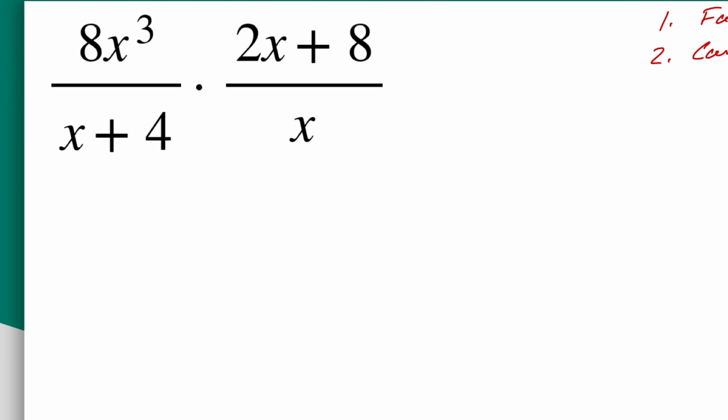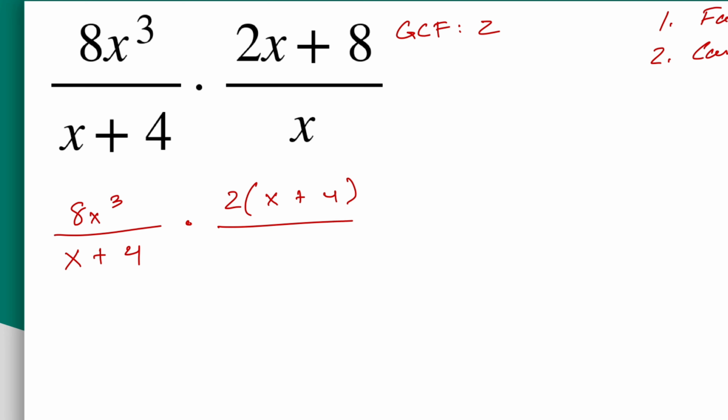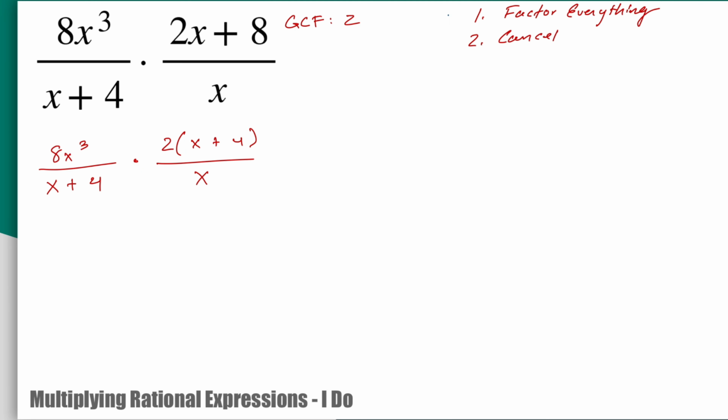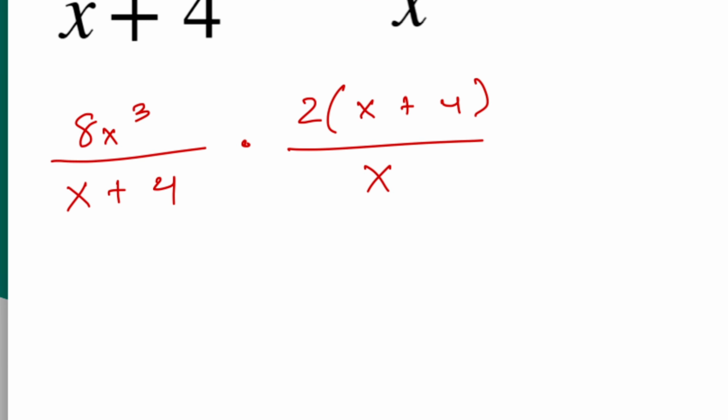We see that in 2x plus 8, we can pull out a greatest common factor of 2. So we're going to end up with 8x to the power of 3 over x plus 4, times 2 times x plus 4 over x. So check, we factored everything. Now we can cancel.